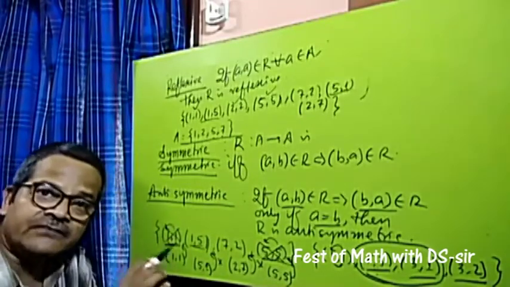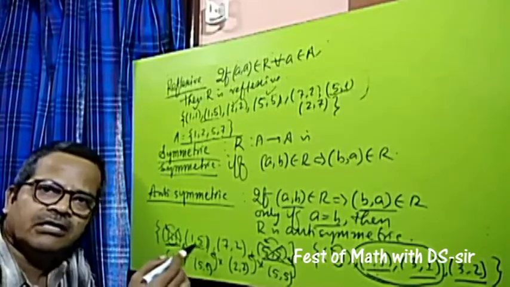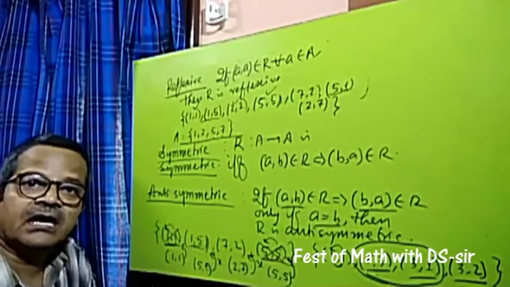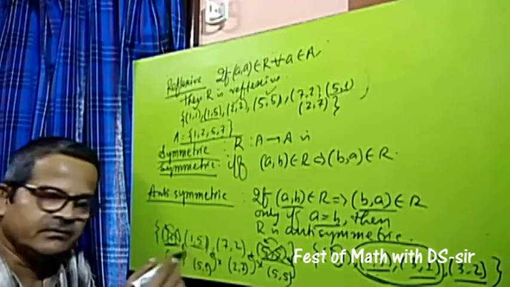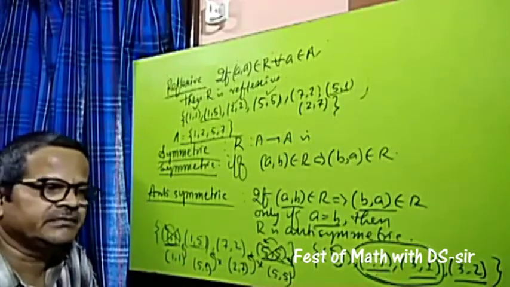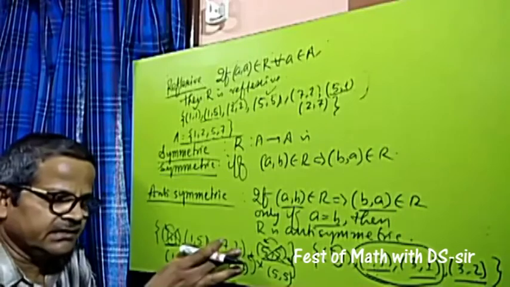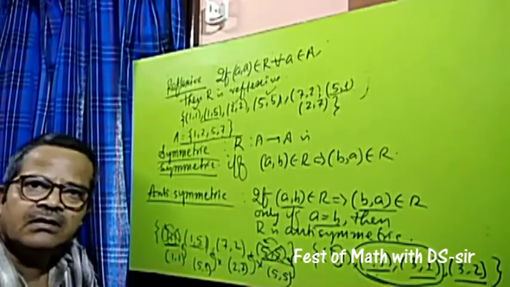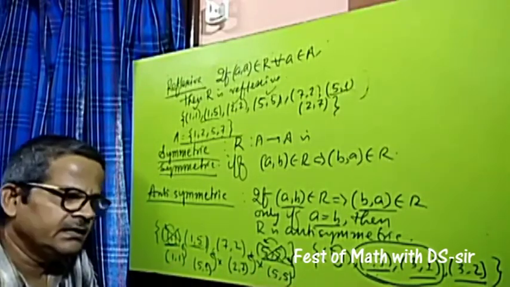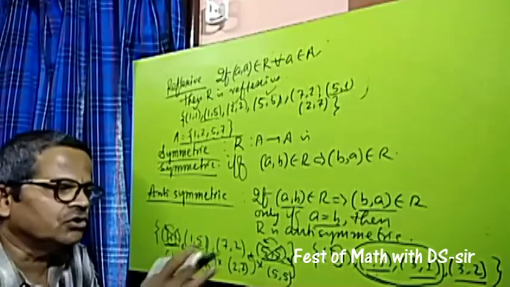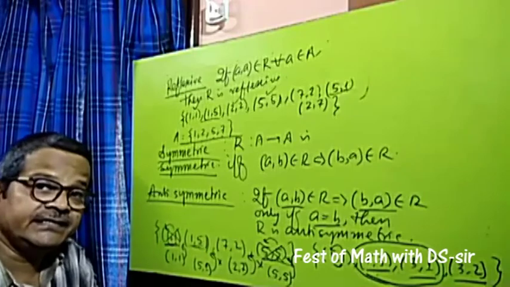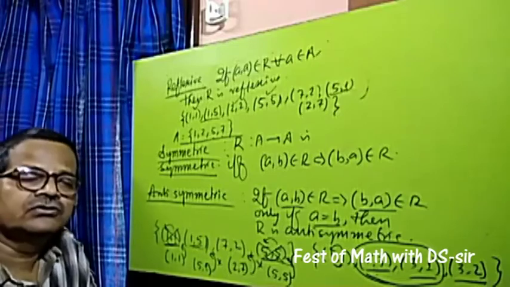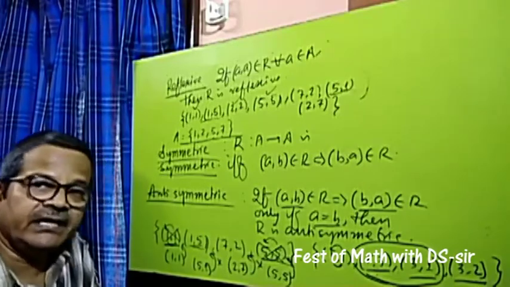But if you can't find any such ordered pair, that is, all have image and pre-image different, but none of these has its symmetric couple in this set, then this relation is anti-symmetric. So these are the two ways to check the anti-symmetricity of a relation.